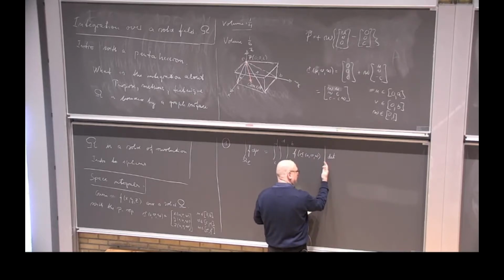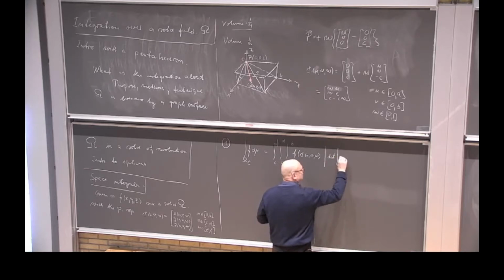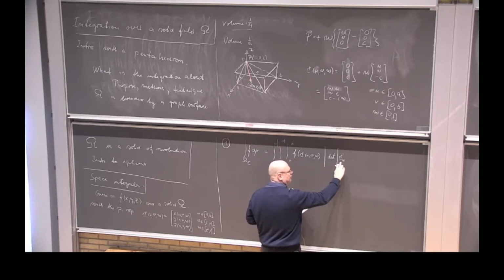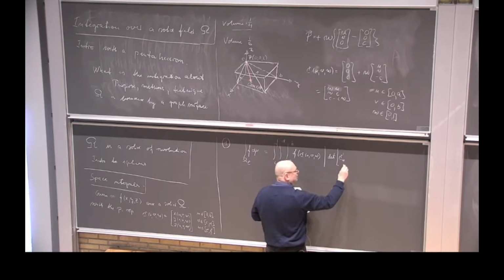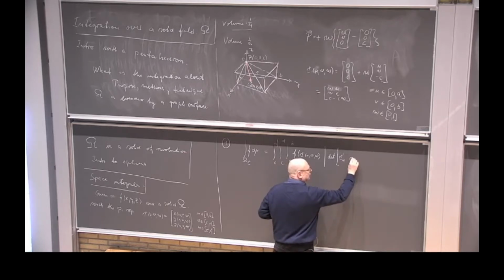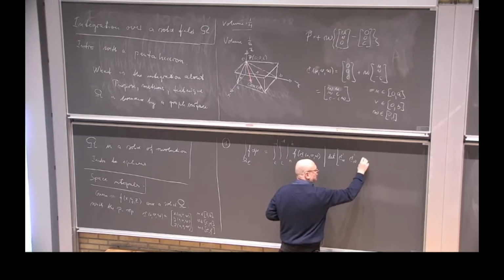It's the numerical value of the determinant of this matrix, where in the first column you have the derivative of your parametric representation with respect to the first parameter, and then the second parameter as the second column, and this as the third column.